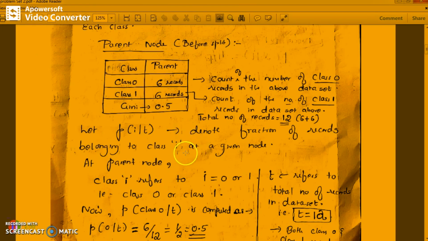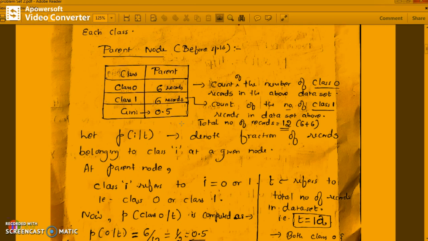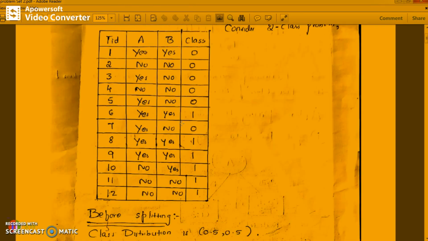Yes. So in the given data set, let's first compute this P of i t. The i value is either 0 or 1, that is class 0 or class 1, right? Now P of i t can be calculated in this way. First we compute P of 0 t, that means the number of records belonging to class 0. So how many records in our data set belong to class 0? Total class 0 records are 6, right?